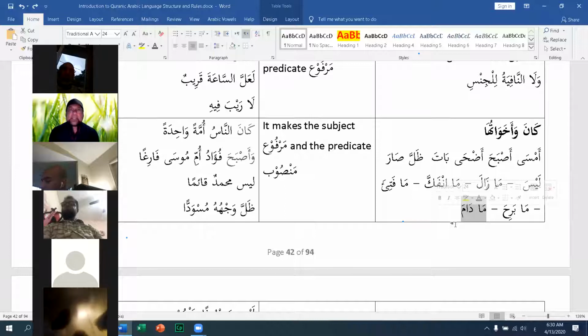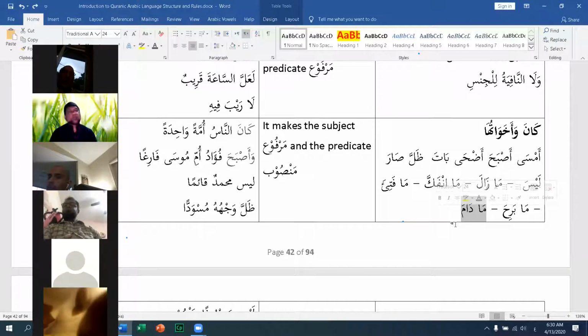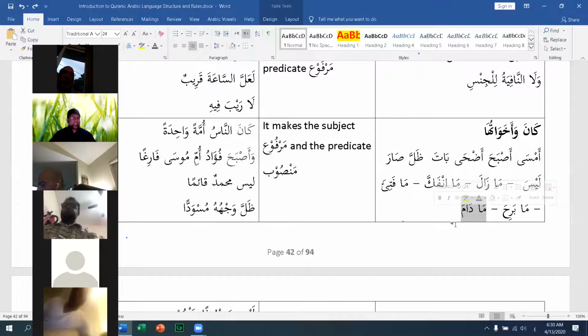So you can say something like, uskutu, madama Muhammadun qa'iman. Remain quiet, be silent, as long as Muhammad is praying. Madama Muhammadun qa'iman, uskutu. As long as he's praying, remain quiet. Imagine the dad is praying in the house and the mom says this to the kid. That's the utilization of these words.